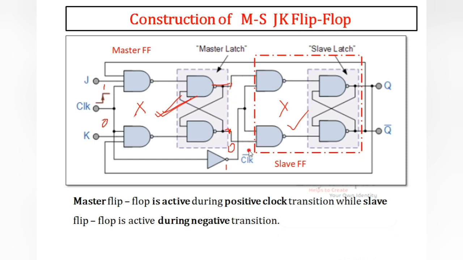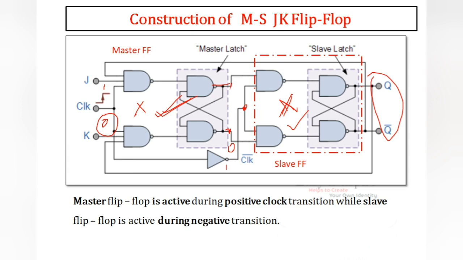These two outputs are given to the slave input. Here the clock is 1, so the inverted clock, 0, is going to this point. 0 means it is deactivated, so there is no change in the outputs. Whenever the clock is 0, only then is this circuit activated.